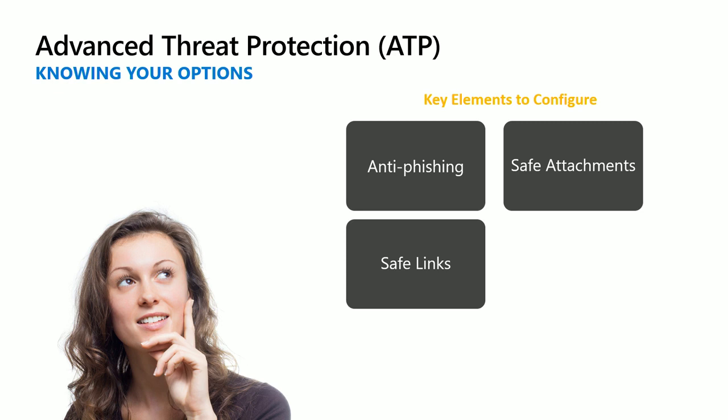Essentially, safe links will rewrite the URL. And when you rewrite the URL, if the user hits a bad URL, they will get a message that clearly tells them that that was not a good URL. So safe links is invaluable because otherwise you'd have no way of knowing if you're hitting a link that's going to take you to a malware-infested site.